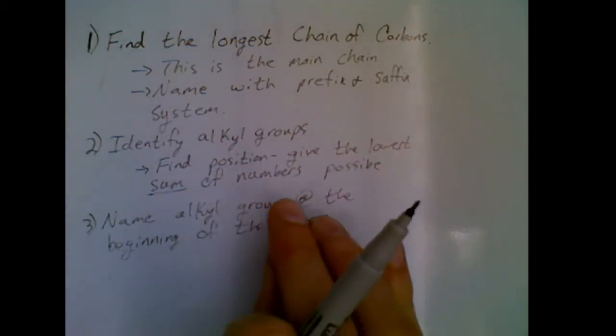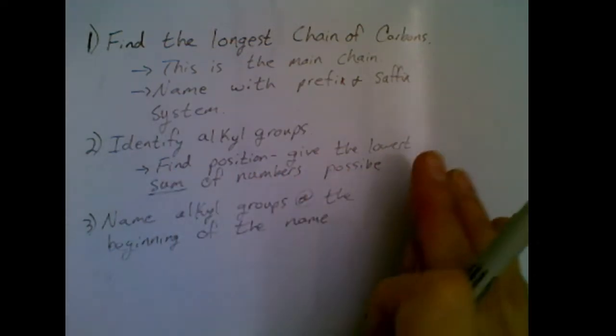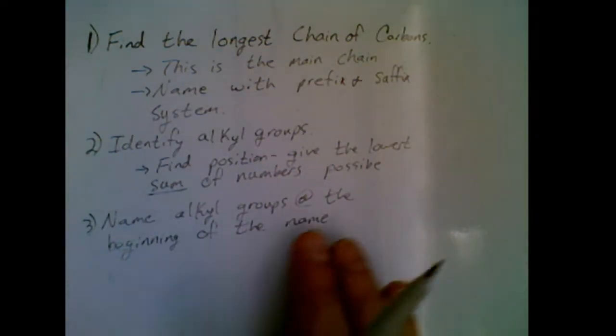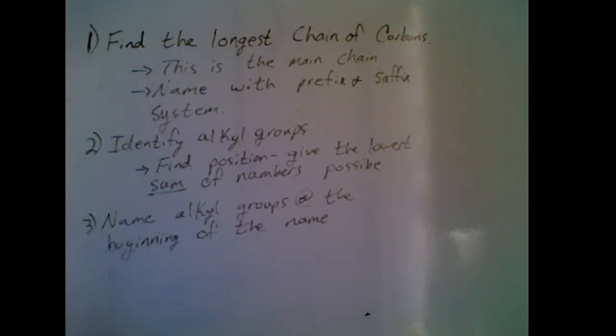So you want to number them as low as possible when you're doing this. The next thing you want to do is name your alkyl groups at the beginning of the name. I know this is a little bit complicated, and I know there's a lot of rules, and there's going to be more rules eventually, but we'll work through some examples, and then hopefully that will help make sure that you understand how to do this.